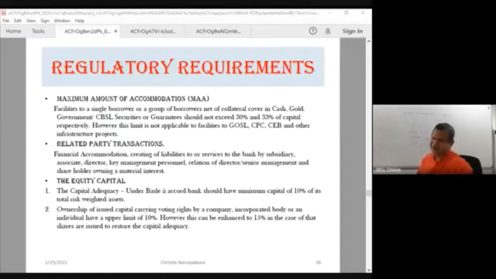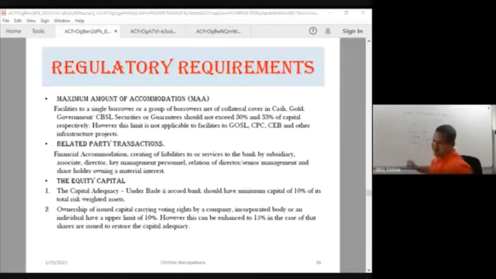Now my question is the maximum amount of accommodation. So I put this illustration to you, or in simple language, we call it the single borrow limit. I told you the bank has a limitation that they have only 10 billion capital. According to the central bank governing rule, you can lend only 30% of your capital. 30% of 10 billion is 3 billion.